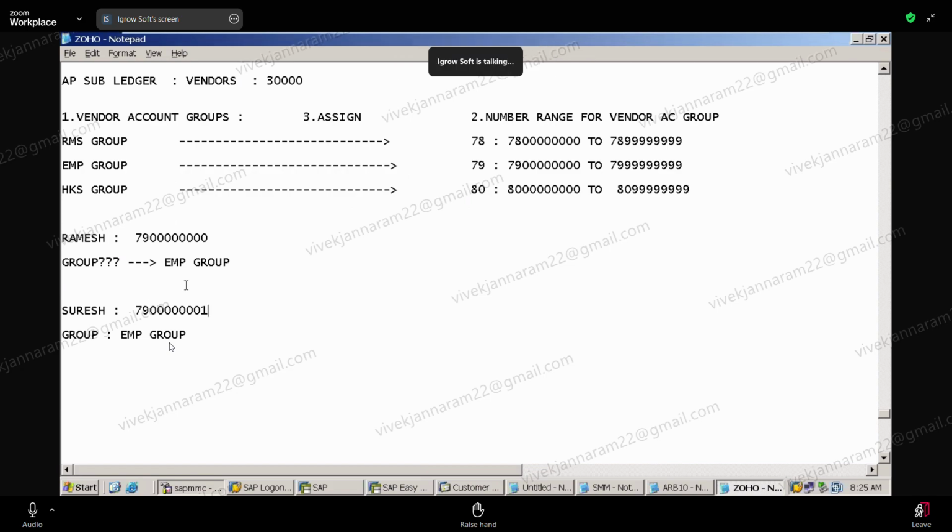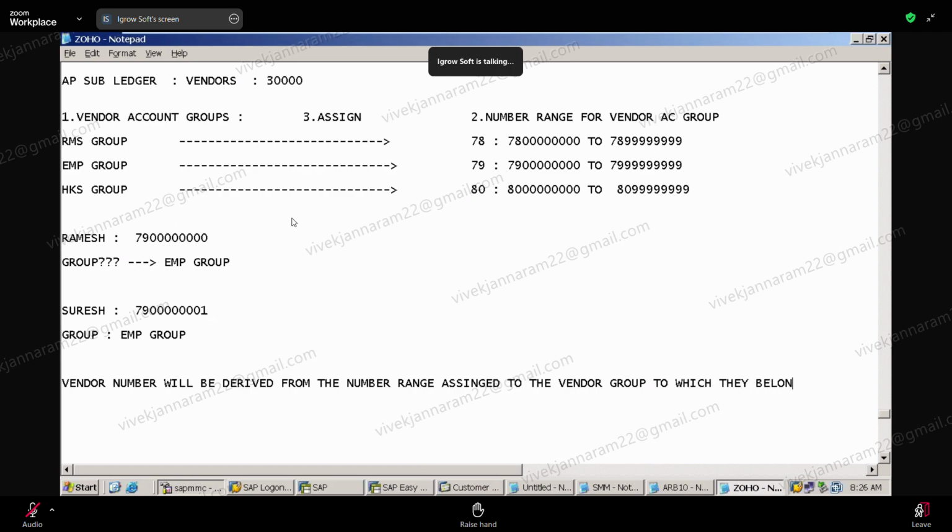So like that, the number for the vendors will come from the number range assigned to the vendor group to which they belong. So any vendor number will be derived from the number range assigned to the vendor group to which they belong.